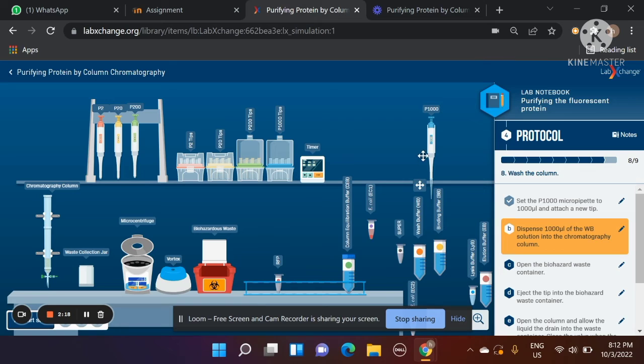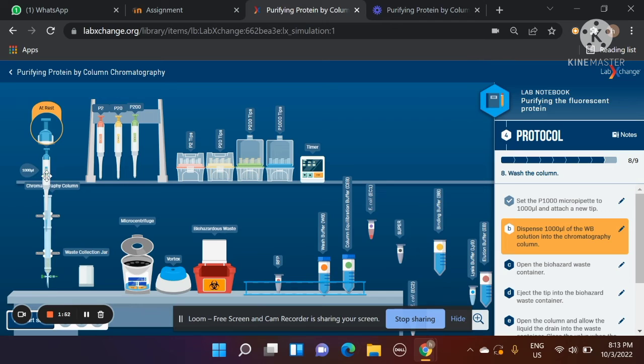So we're going to remove. Okay, then we have to take the amount. So we already got that amount. Okay, and close the lid. Then open the biohazardous waste box. Then dispense into the chromatography column.